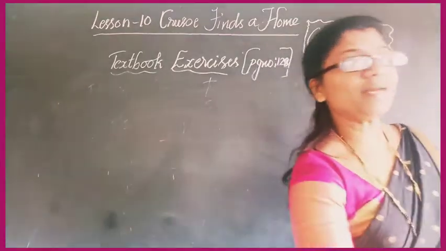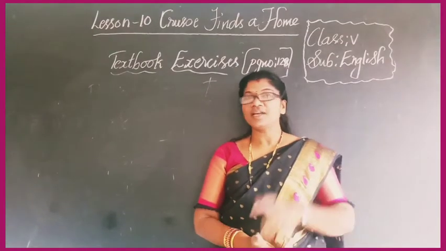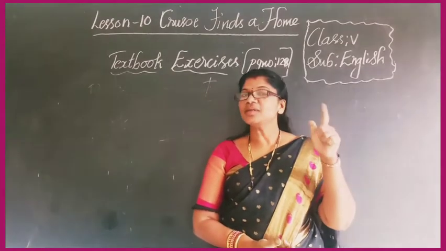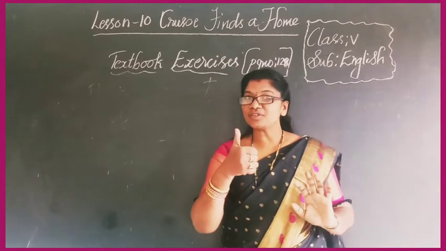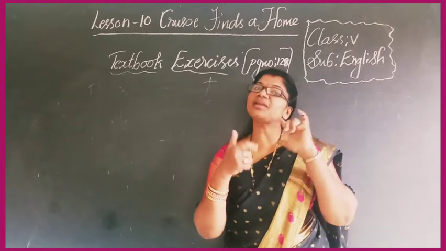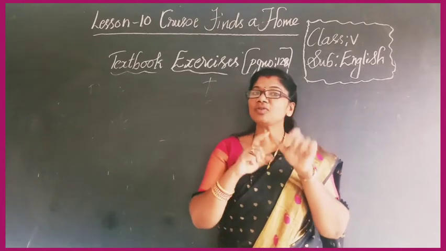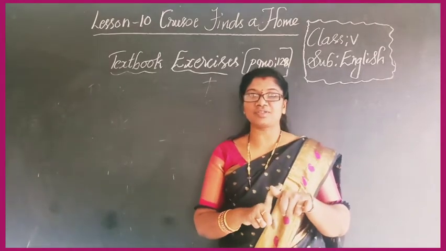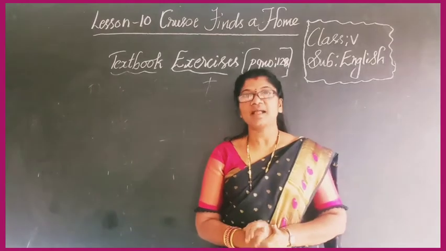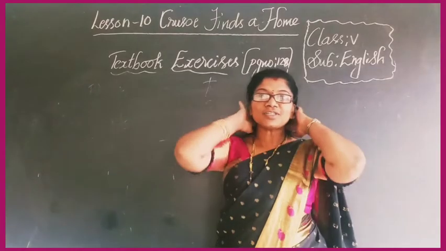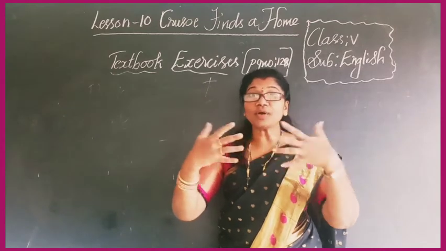Let me remind you that in the English language, we have 8 parts of speech: noun, pronoun, verb, adjective, adverb, preposition, conjunction and interjection. In this lesson we are discussing conjunctions. We have discussed conjunctions many times, and you know very well that conjunctions are also called joining words.